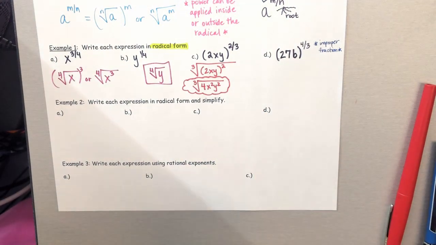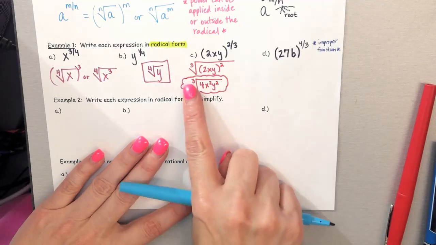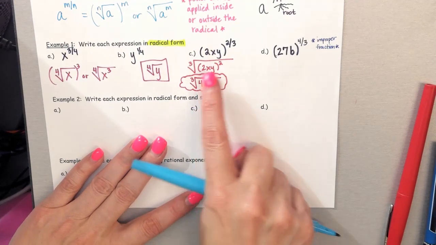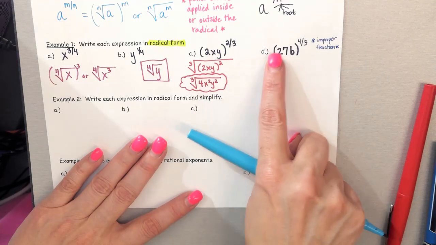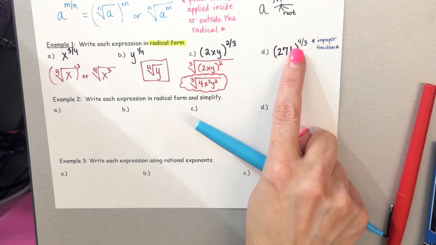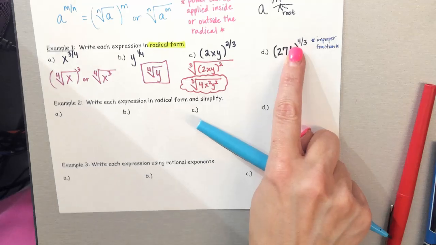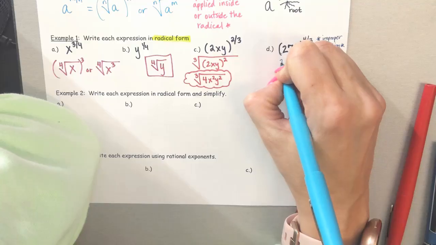So what we're going to do before we rewrite it like this, and you could do it this way, there's multiple ways you could do this. You could start out and do that, but if you did, you'd have to do 27 to the power of 4. That's gross without our calculator, right? I don't want to do that. So instead, what we're going to do is distribute.